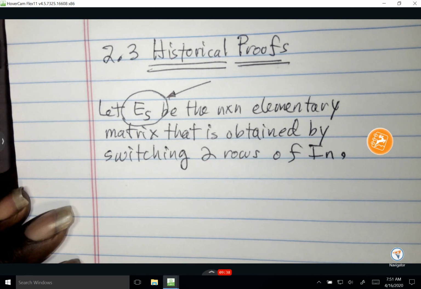So it's the elementary matrix obtained by switching some 2 rows in I_n.